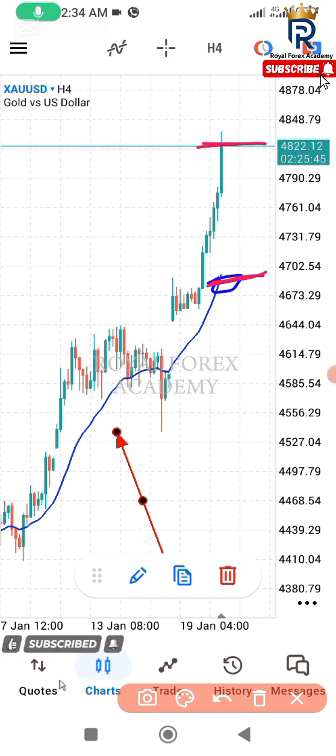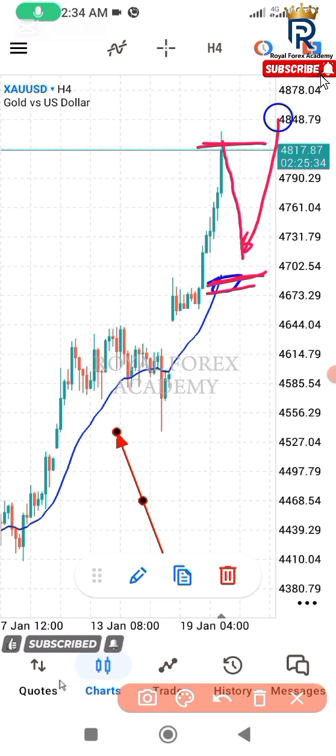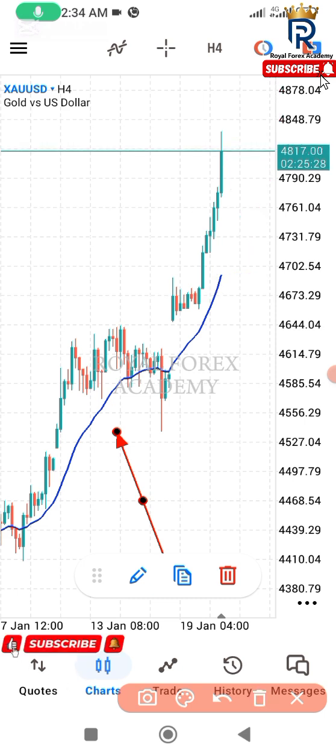Anytime price moves very far away from the moving average, there is a tendency that price will do what? Price will pull back towards the moving average before it continues again to the upside. So our entry is targeted on this pullback of price towards the moving average. That is where we'll be looking for the entry confirmation for us to buy to the upside.